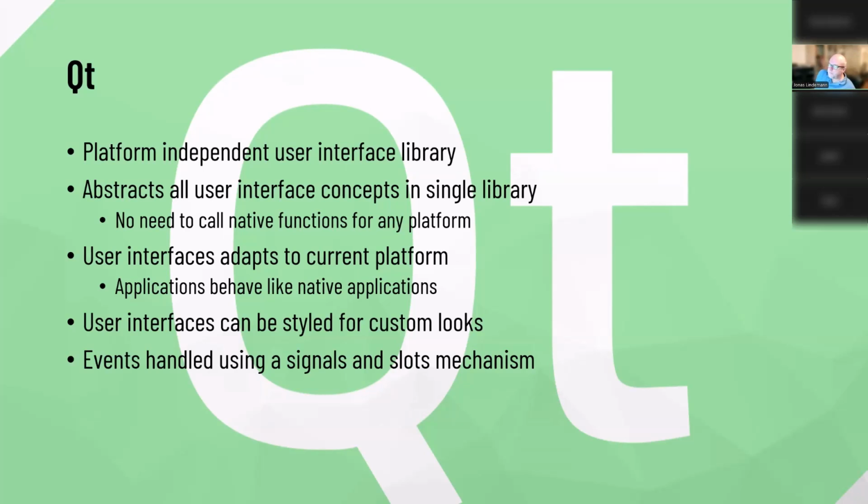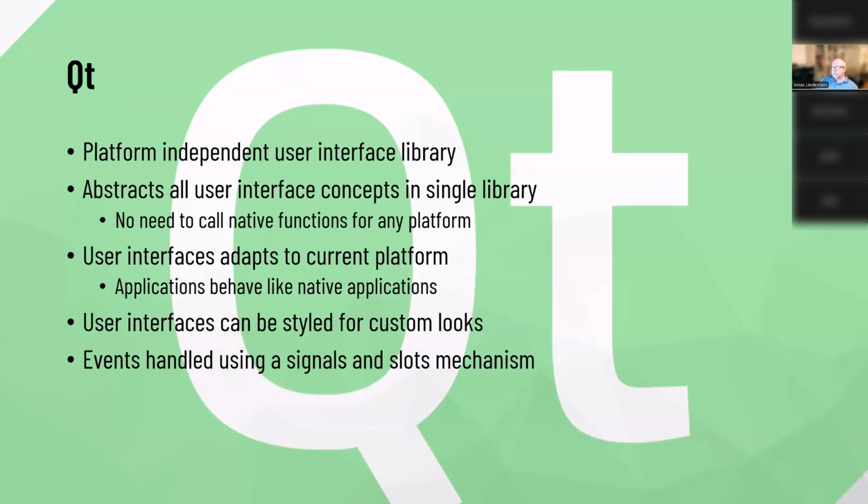So you don't have to think about being a Linux application or a Windows application or a Mac application. It will look like the native application on each platform. You can also in Qt style your user interfaces to look whatever you want them to look like. So you can basically have a style sheet that tells the library, this is how I want my application to look.